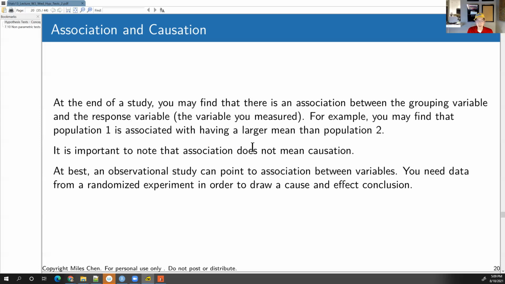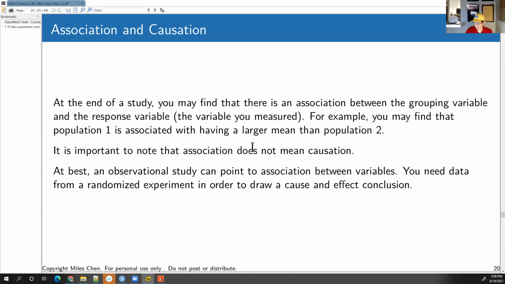All we can say is that being in this group versus that group is associated with having a larger or smaller mean. And we're not saying anything about individuals. Individuals could have high or low values compared to their own group's mean.